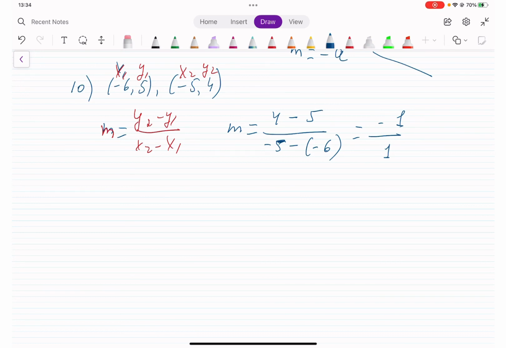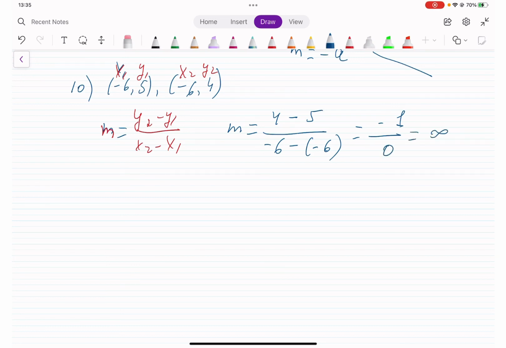Hold on. Oh, it's supposed to be negative 6. One second. It's more interesting, negative 6. I'll tell you why. So it's going to be here negative 6 minus negative 6. And we are getting 1 over negative 6 plus 6, getting 1 over 0, which is equal to infinity.